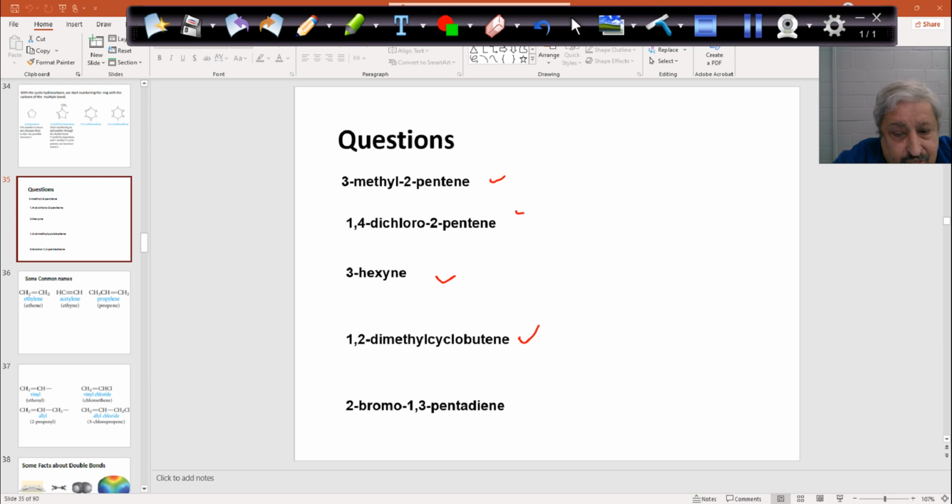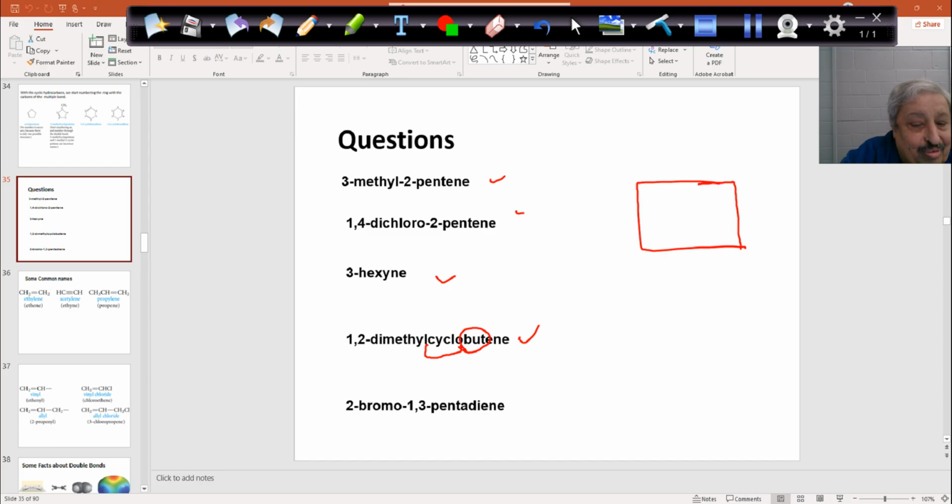Okay. So, how many carbons are in the longest chain or the whole body? How many do we have? 4. And this is what? Cyclo. So this will look like this. Those are 4, correct?